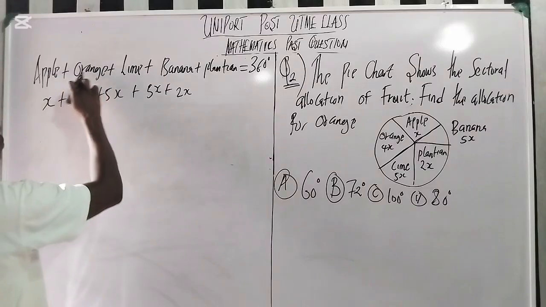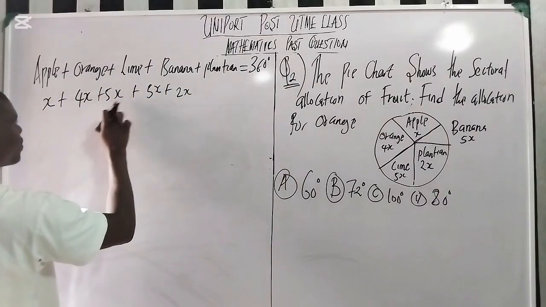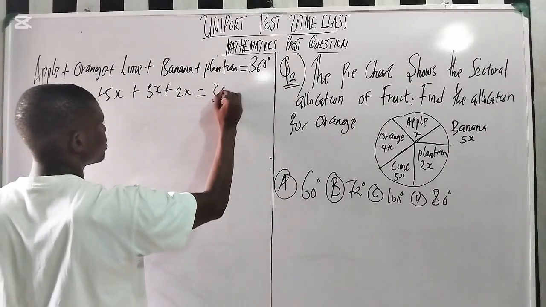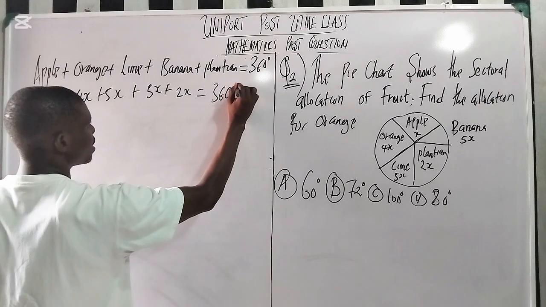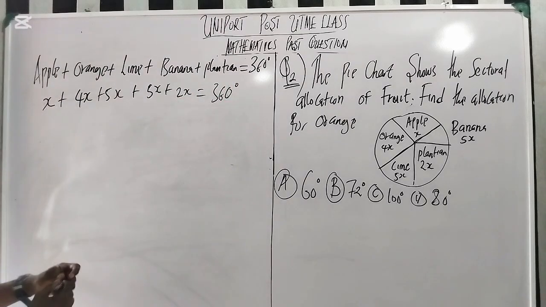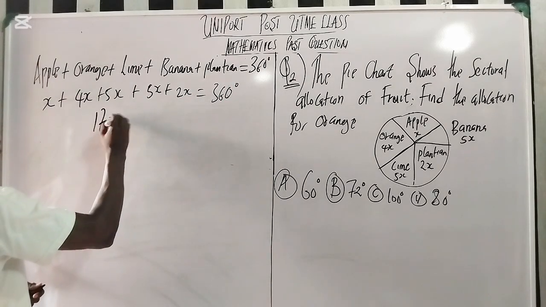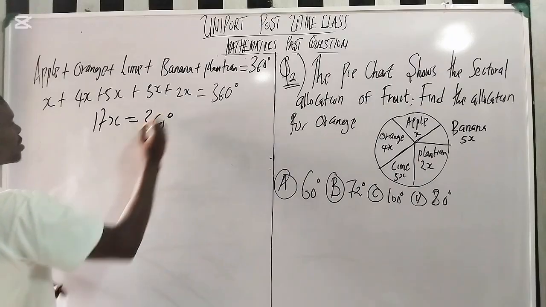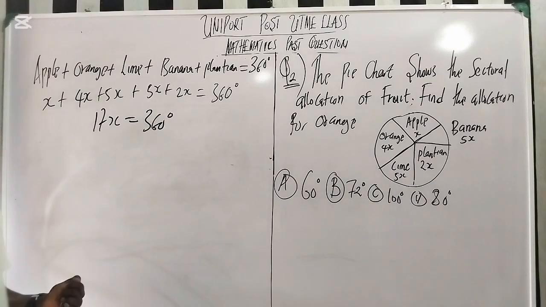So you got 1, 2, 3, 4, 5 equals what? 360. So the goal here is to get your x, right? 17x equals 360 degrees, right? Sum them together, this is what I'm going to get.